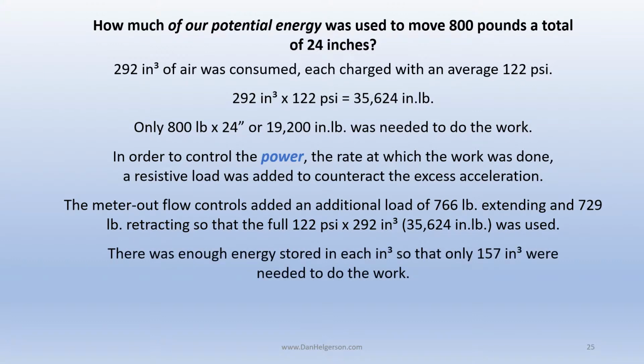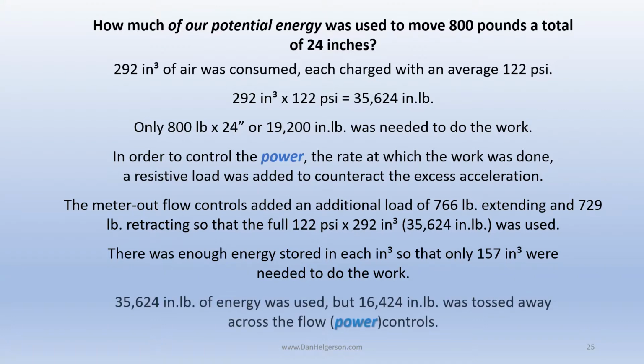There was enough energy stored in each cubic inch so that only 157 cubic inches were needed to do the work. 35,624 inch-pounds of energy was used, while 16,424 inch-pounds was tossed away across the power controls.